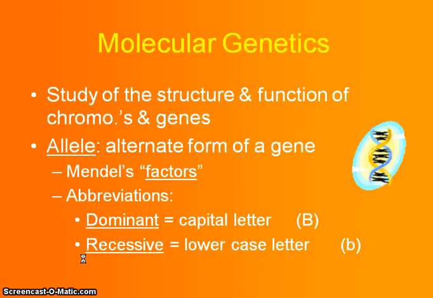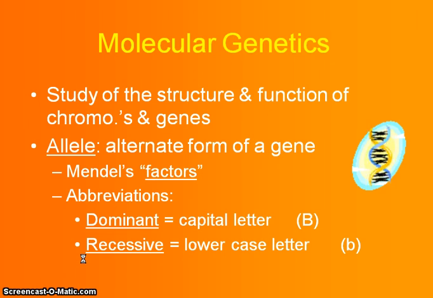And molecular genetics is another branch of genetics that focuses more on the actual structure and function of chromosomes and each individual gene. So instead of just looking at overall characteristics and traits that are passed down, they actually want to know what each part of the chromosome does, what each gene controls. And this is also where we have converted the name of Mendel's factors to alleles.